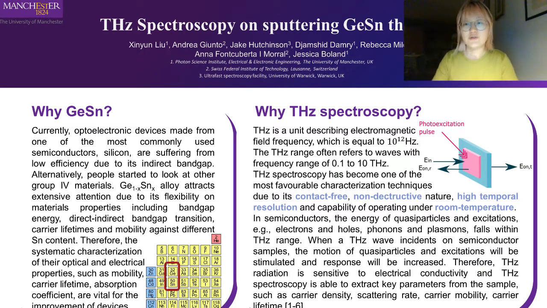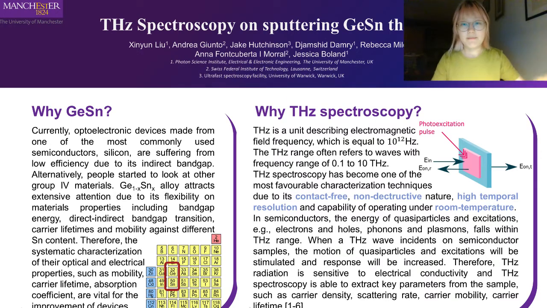To extract those carrier lifetime and mobility from samples, we employed terahertz spectroscopy to characterize our samples. As shown in this diagram, when we shine a terahertz pulse into the sample, either the reflected pulse or the transmitted pulse will be collected by the detector, similar to every spectroscopic technique.